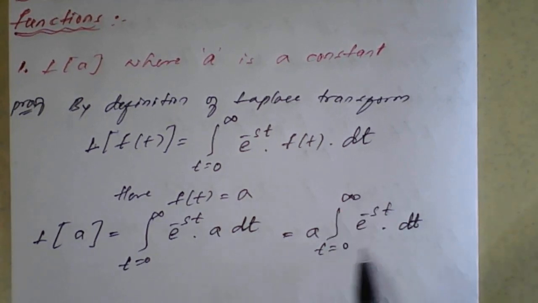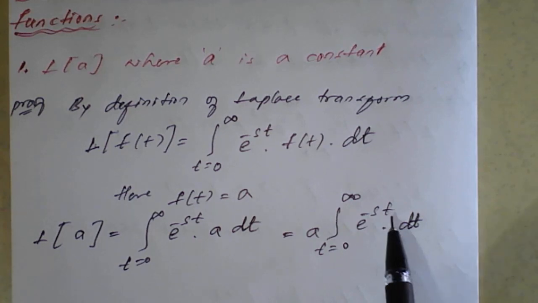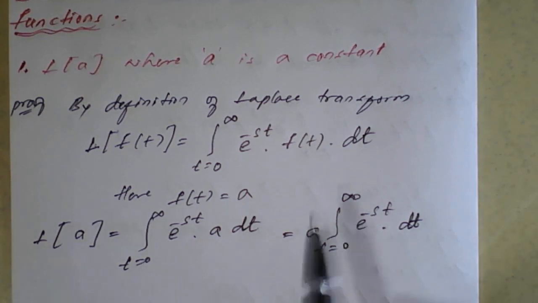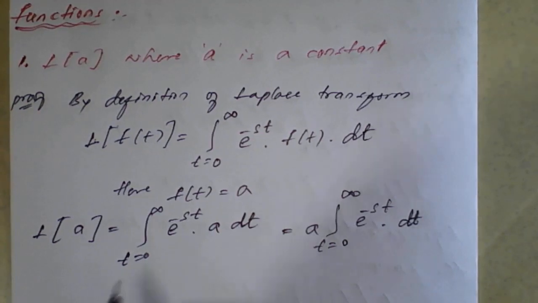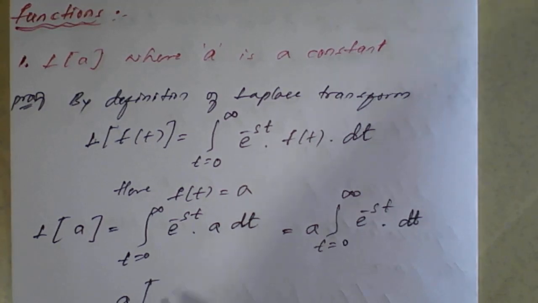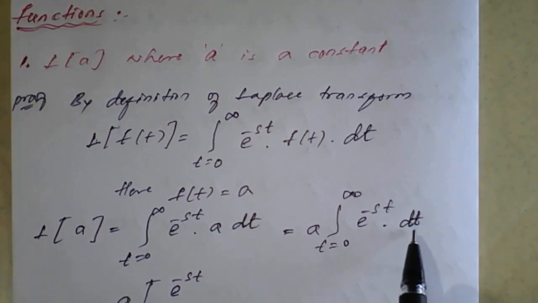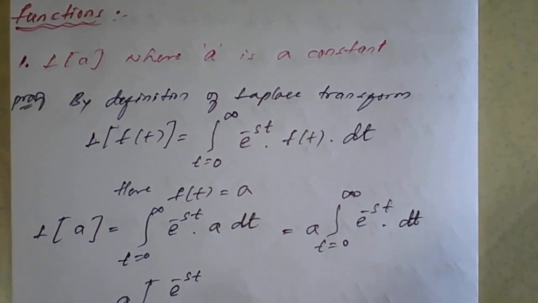Now we need to integrate e raised to minus st between the limits 0 to infinity. So it will be a times the integration of e raised to minus st, and we are going to integrate with respect to t. So s we will treat as a constant.